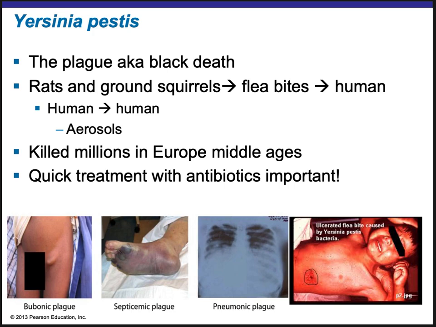The pneumonic plague is believed to have originated from cats that had infected fleas. I don't know if we know that for sure. The bubonic plague, the black plague, is from rodents and fleas. And as I said already, this is showing the infected lymph node.